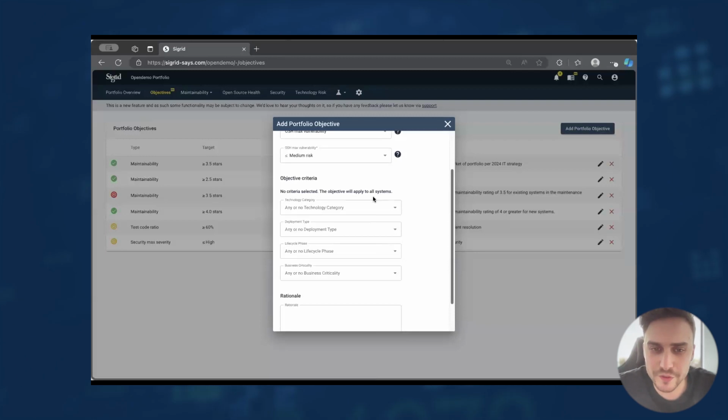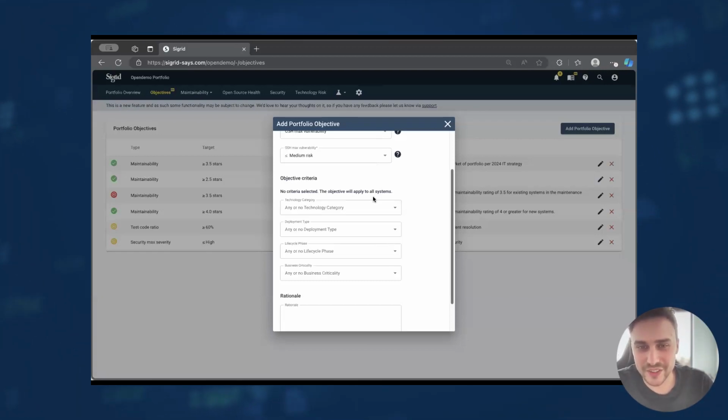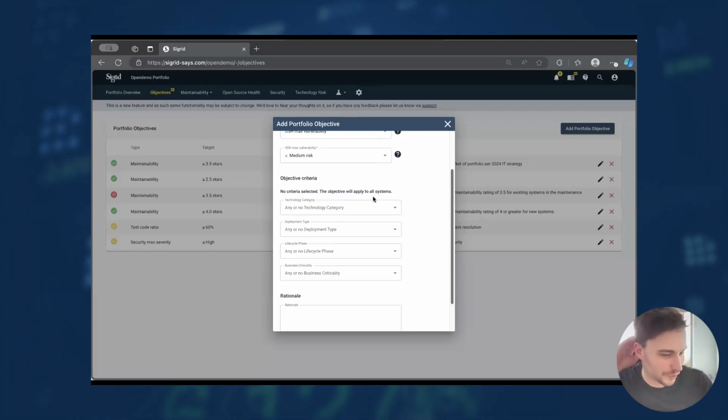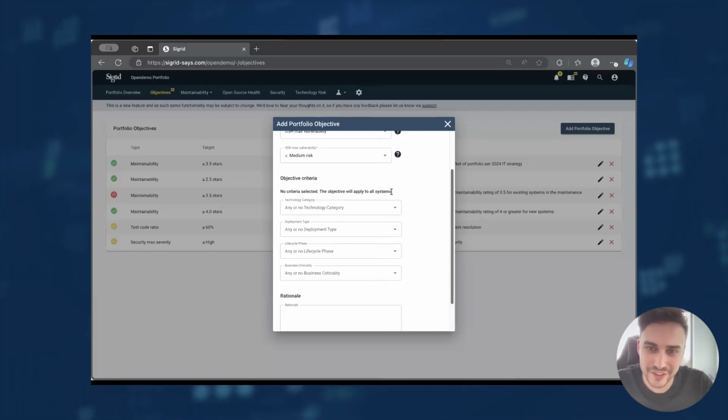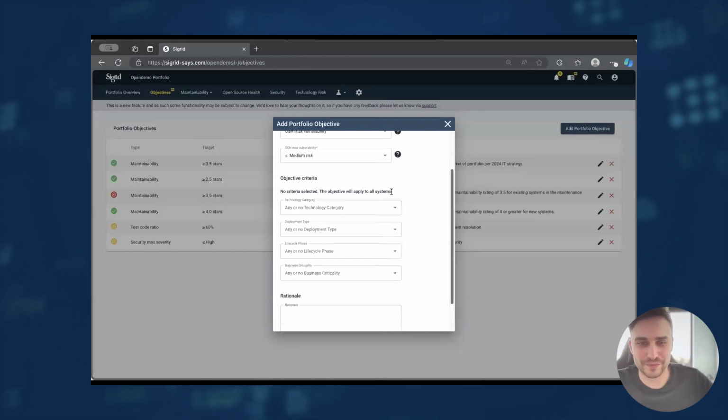So the objective criteria is actually a feature that was released not too long ago. I don't know if it was a couple of weeks ago that you tried this, or yes, I think 6 weeks ago, maybe more. Shima is also with us here. She has an answer to this.